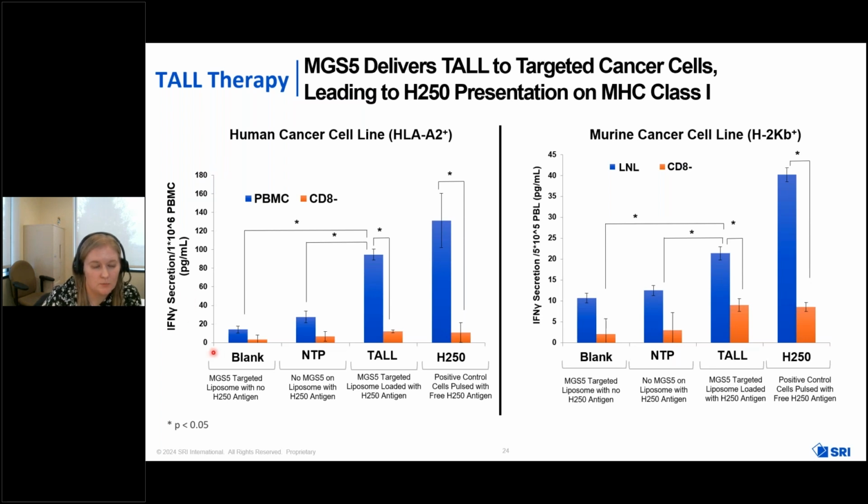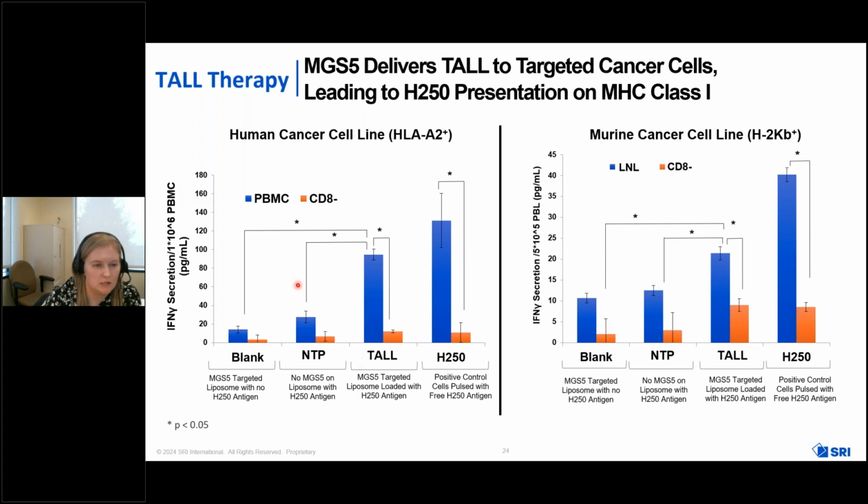We've taken our PBMCs and co-cultured them with our cancer cell line, and then added either a blank, which is our MGS5 targeted liposome but has no H250 on the inside, or NTP, which is the liposomes that contain the H250 but don't have the MGS5 on the outside, or TAL, where we have the whole complex: MGS5 targeted liposomes loaded with the H250 antigen.